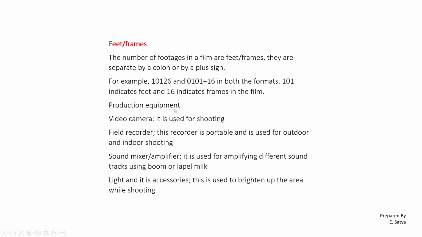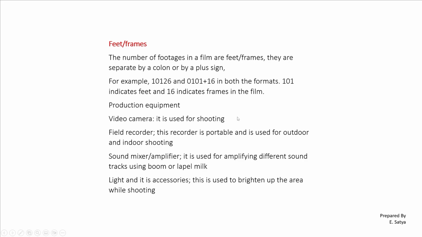Here the production equipment required. So what are the things required? A video camera is required for any production. Suppose you want to shoot a movie or any short film, whatever it is, these are the required equipment. Video camera is used for shooting, right?